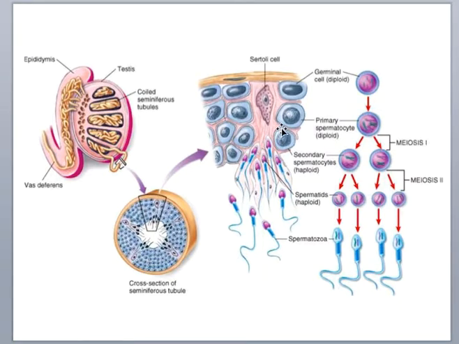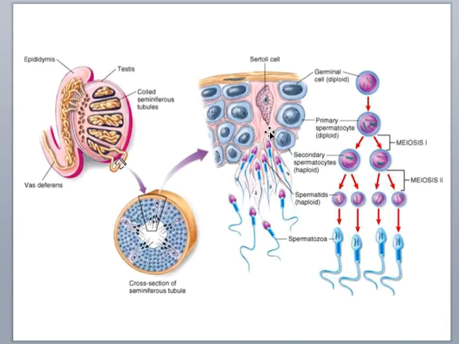These are supporting cells. What happens is, in the presence of FSH from the anterior pituitary, the Sertoli cells will mature and proliferate, and then LH from the anterior pituitary will go to the interstitial cells of Leydig and tell them to produce male sex hormones like testosterone.